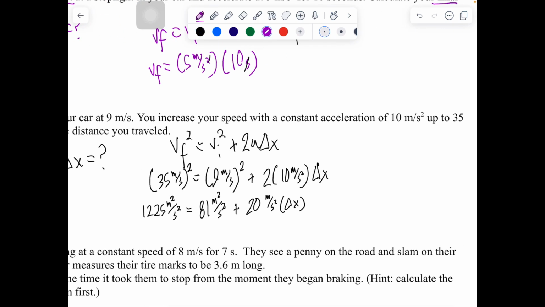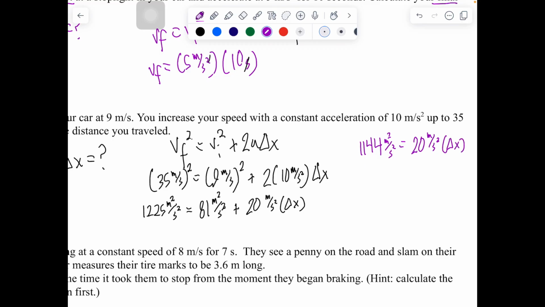This is going to get us 1,144 meters squared per second squared is equal to 20 meters per second squared times our displacement.